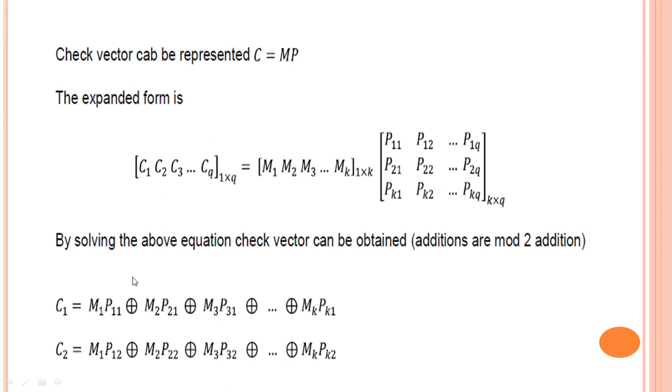For example, the first check bit is C1 = M1 P11, modulo 2 added with M2 multiplied with P21, etc. Likewise we can generate the remaining check bits.